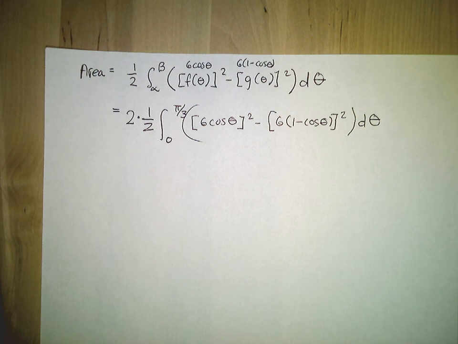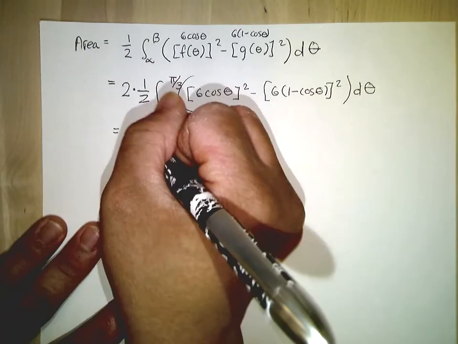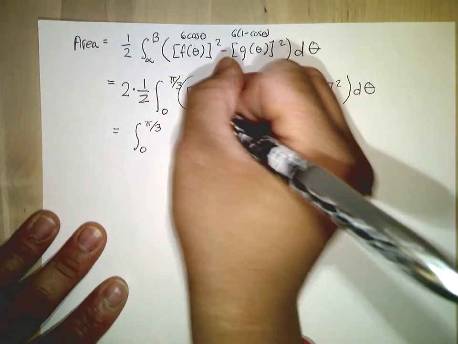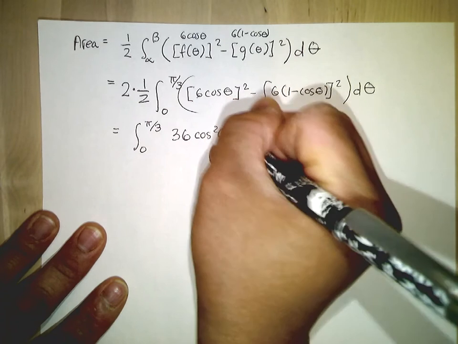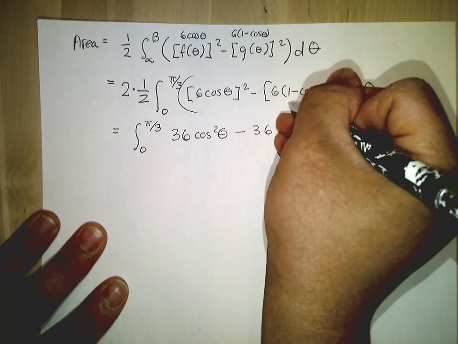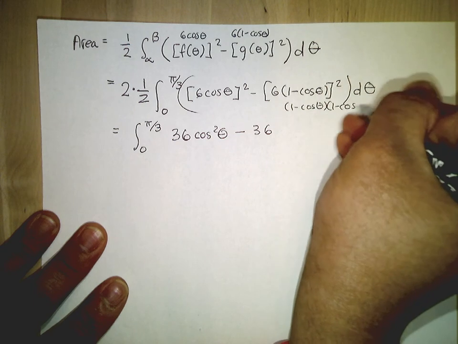Now I'll multiply this all out here. So hopefully you're truly enjoying this. I really hope that you are. So this will be 2 times 1/2, 1. So we have integral from 0 to pi over 3. 6 times 6, 36. So 36 cosine squared theta minus 36 times, now this will be 1 minus cosine of theta times 1 minus cosine of theta.